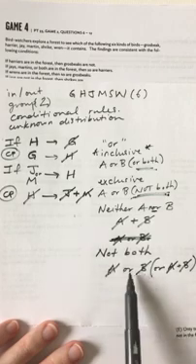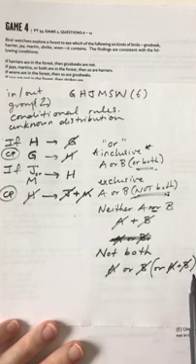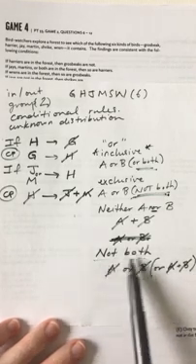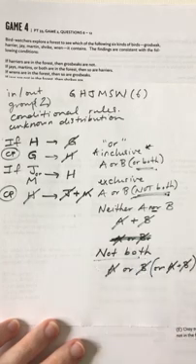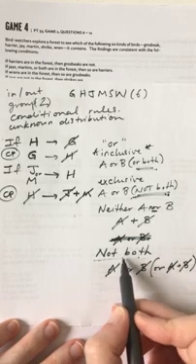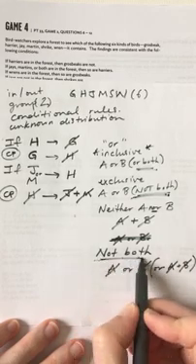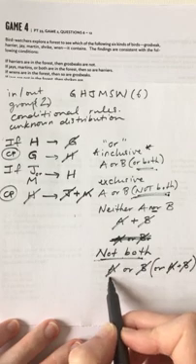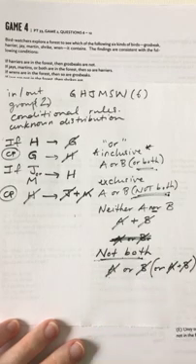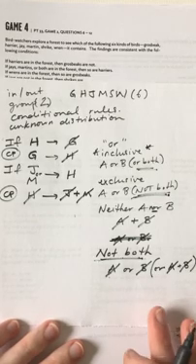So either A is out or B is out or both of them are out. So the phrase not both includes the possibility that neither of them are in, but in order to fulfill not both, we only need to know that one of them is out, okay? So that's at least one of them is out, therefore we don't have both of them in.